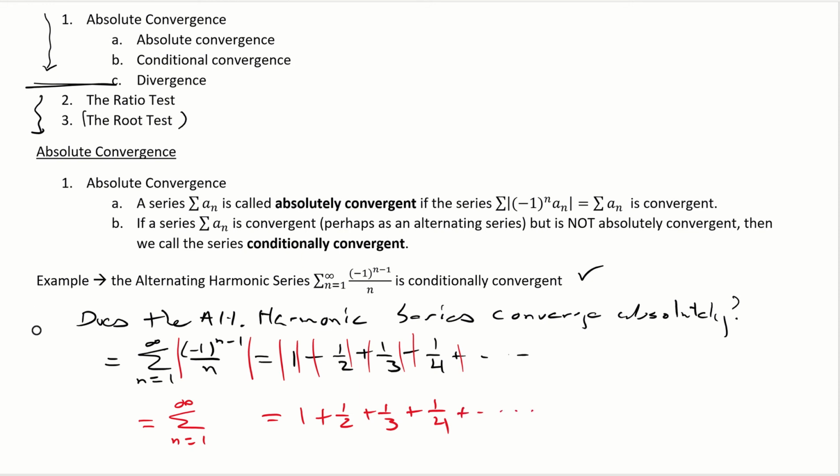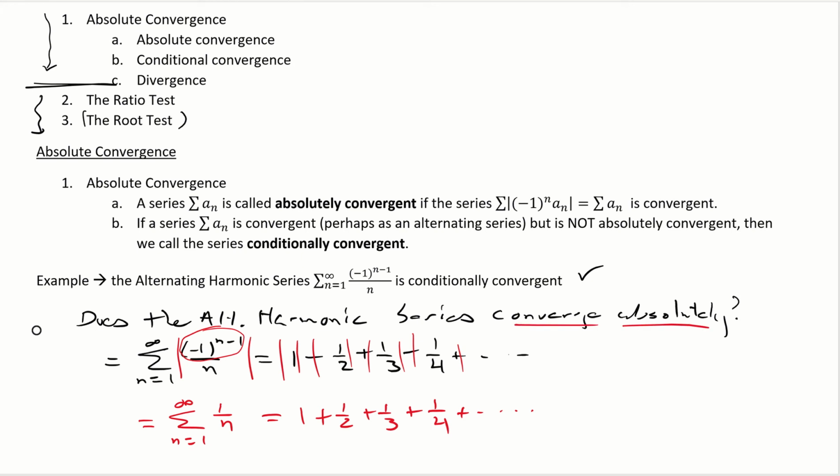In here, that's the same as simply writing 1 over n. So what happens to the negative 1 to the power? When you absolute value the thing, it disappears, okay? Do you see that? Take a long look at that one, because that's how you determine if it converges absolutely. You just make all the terms positive.